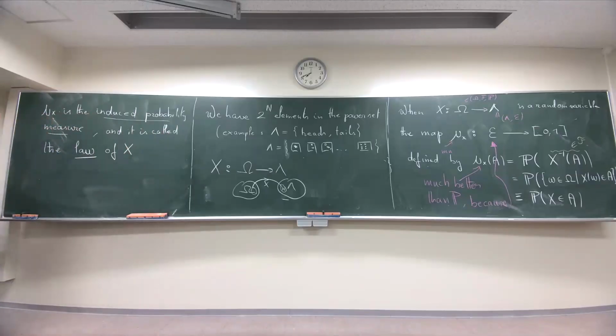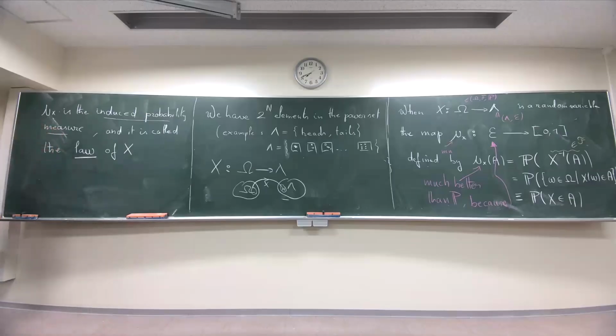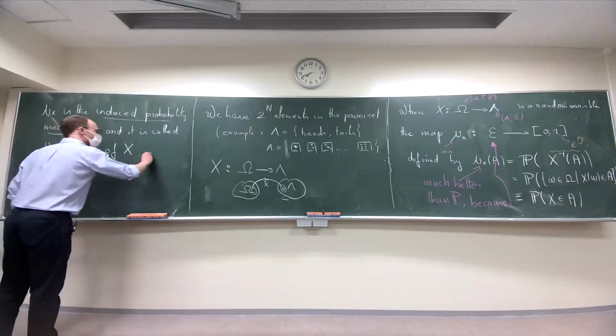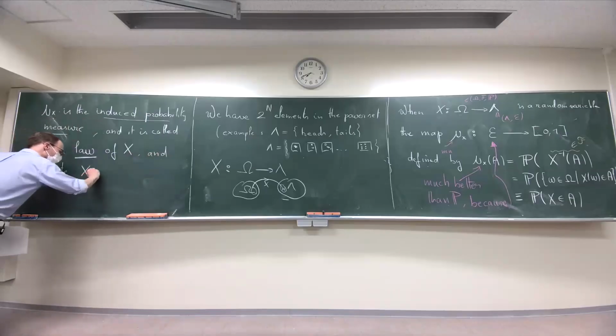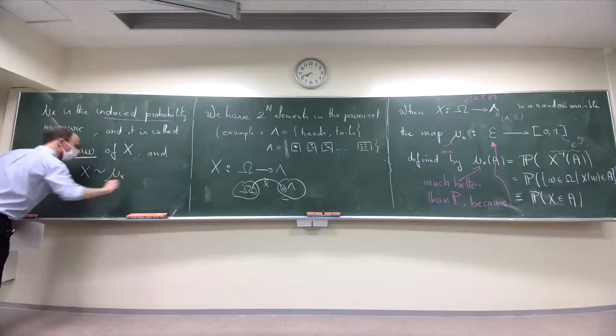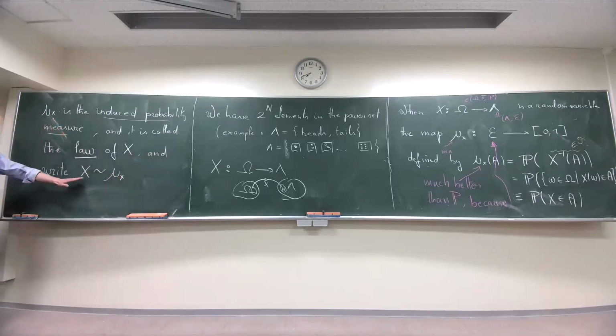And later we are going to use Gaussian, and these are also some laws, Gaussians or other probability distributions. The law of X, and we write X is related to its law. So what is the difference again?